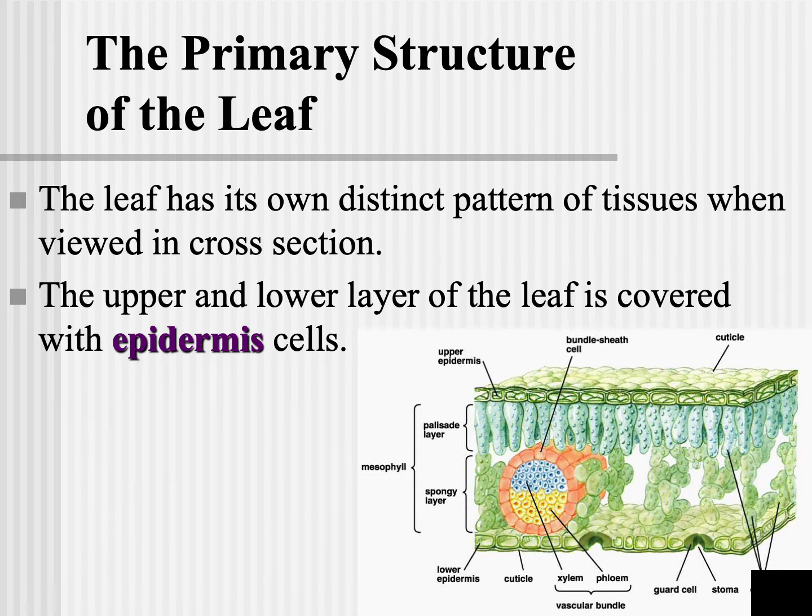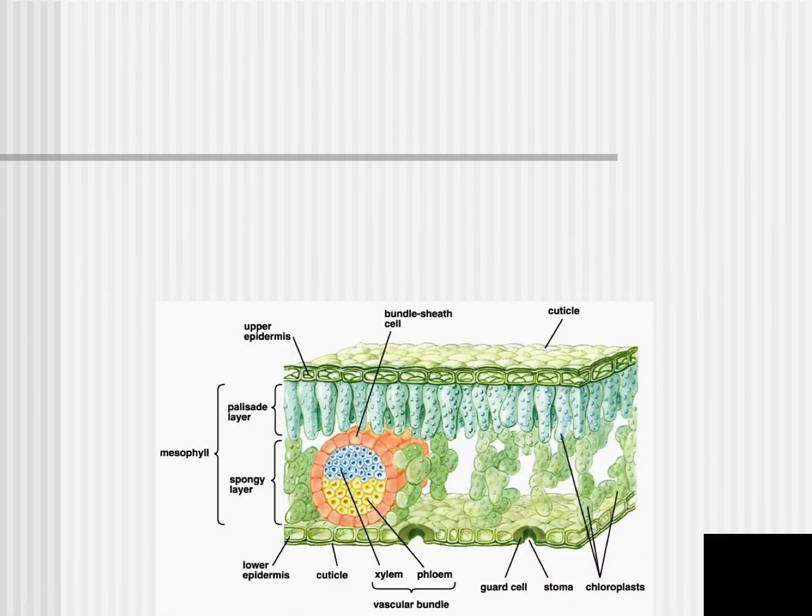So the outer layer, meaning this area here, and the inner layer down here, this is what is called the epidermis, skin, right? So if we know a little bit about our own anatomy, our skin, this is a familiar term with our own skin, so the outer skin of the leaf.